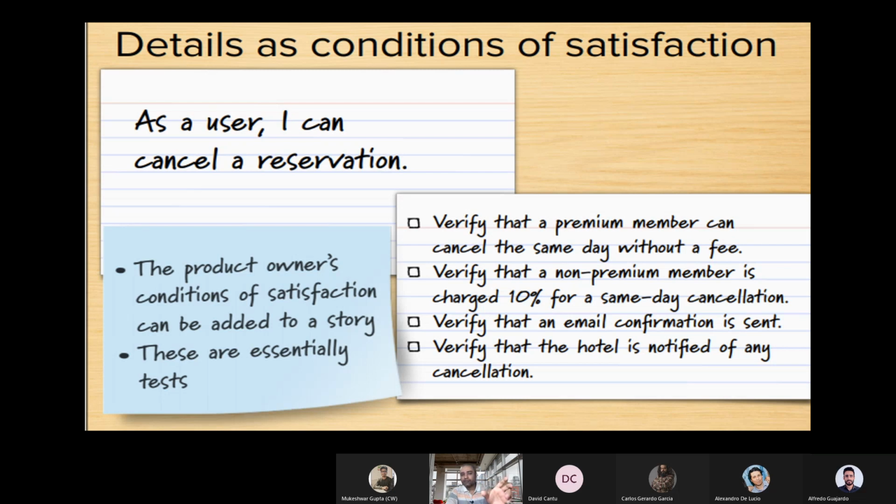So for that specific story, the 4 bullet points which you can see are: verify that a premium member can cancel the same day without a fee. Okay, which means we are giving some specialization. Verify that a non-premium member is charged 10% for a same day cancellation. Verify that an email confirmation is sent. Verify that the hotel is notified of any cancellation.